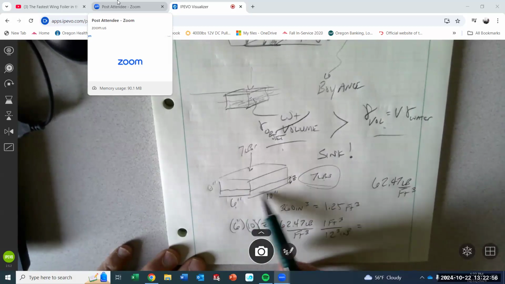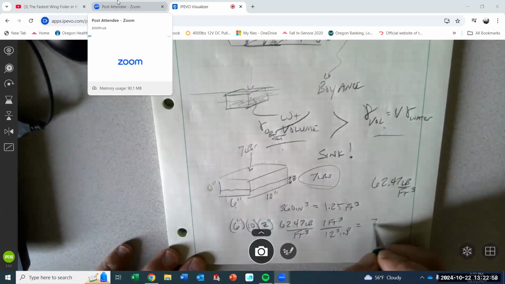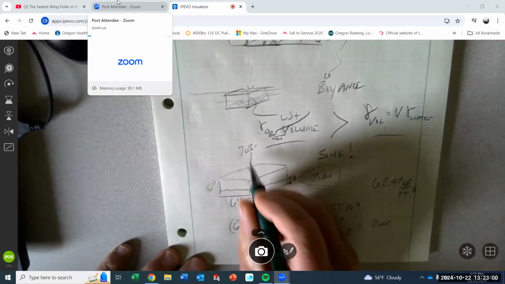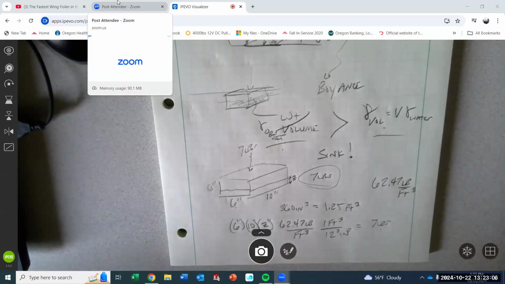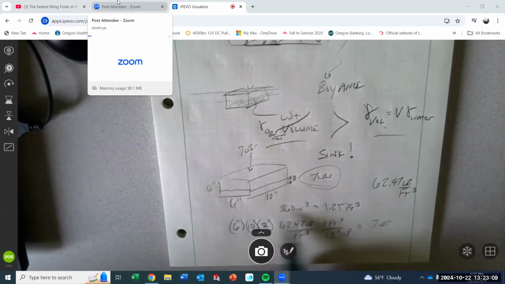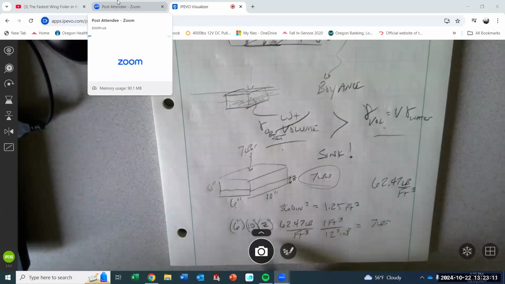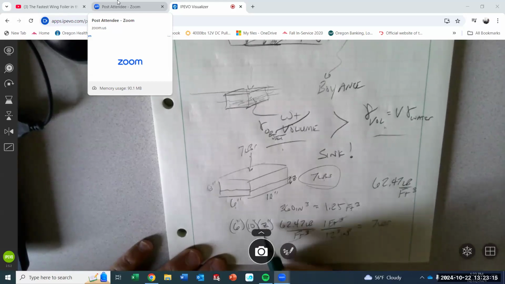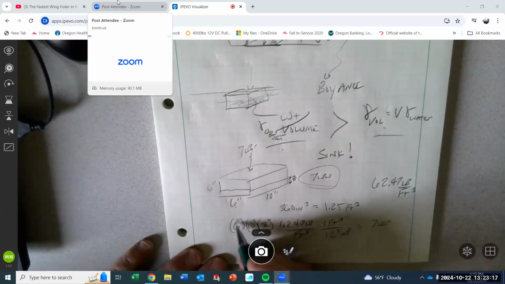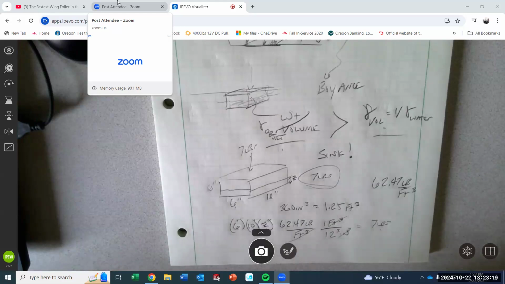This weight down here displaced, and I want it to be equal to 7 pounds. So you put the weight in, and it's going to give you that water line, right? That makes this equation 7 pounds equals 7 pounds. All of these inches cross, and we're left with pounds. Okay?